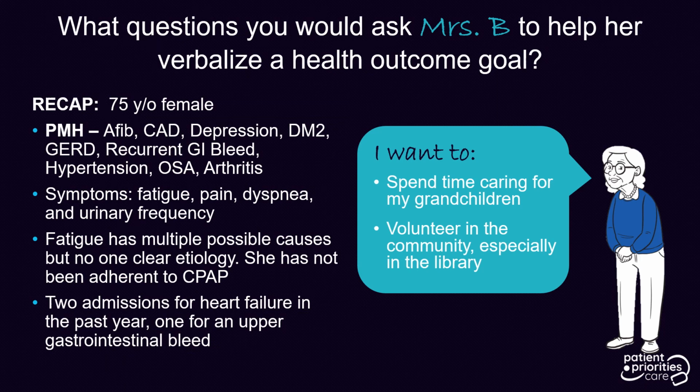For how long? How often? How has this been going lately? When was the last time she was able to do these activities? What kinds of activities would she like to do with her grandchildren?